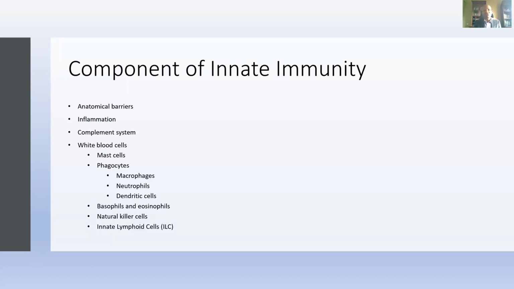Innate lymphoid cells, if you're using an old textbook, you are not going to find them. They just entered immunology the other day. So if you are using old textbooks, you may not find these within the textbook.